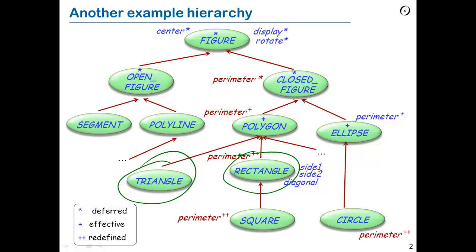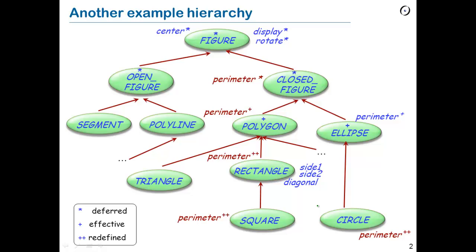A square is a special case of a rectangle, in the same way that a circle is a special case of an ellipse where the two focuses are merged. On the left-hand side, examples of open figures are segments and polylines. So it's a pretty typical inheritance hierarchy. It's also a very good one for pedagogical purposes.